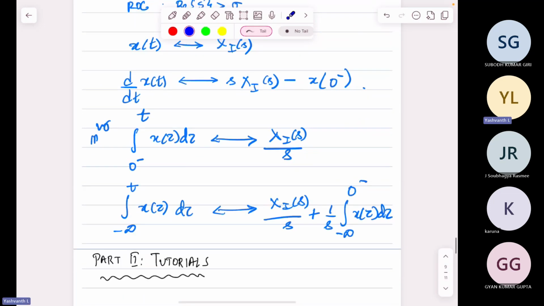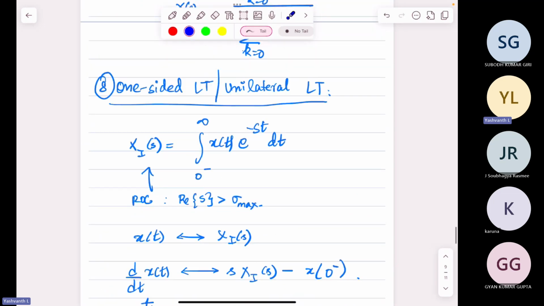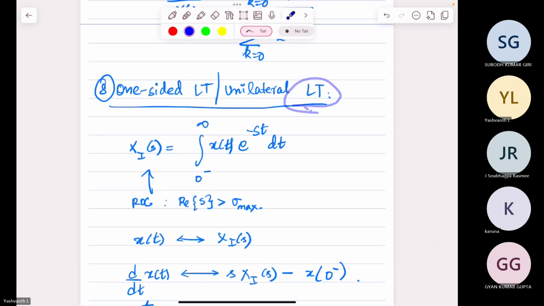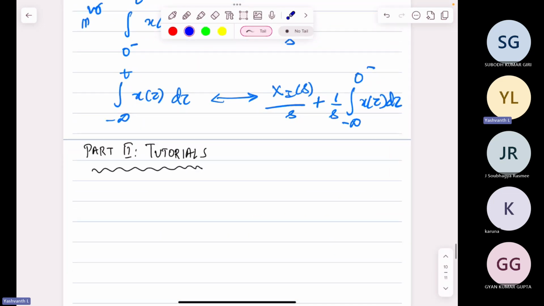This is not something very important, but just good to know. So that is about Laplace transforms, properties of Laplace transforms, and some of the characterization of systems using Laplace transforms and transfer function.